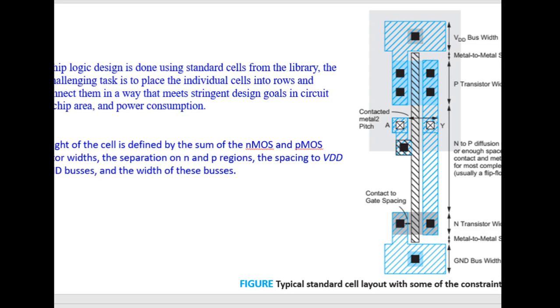So remember, in any particular IC design, the three most important parameters that are to be satisfied would be speed or delay, area, and power. Right. Okay.